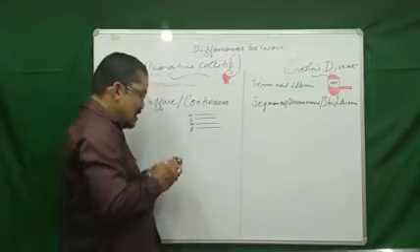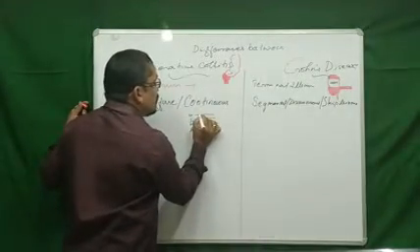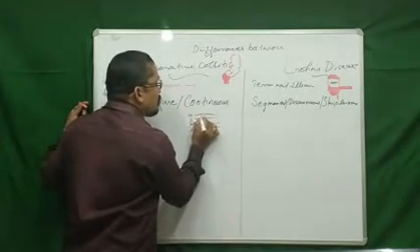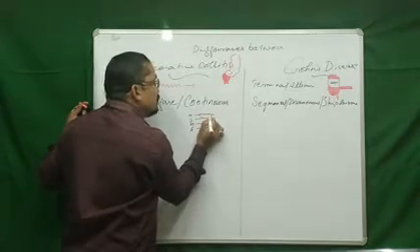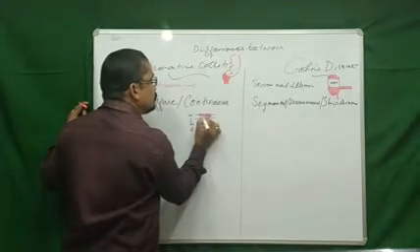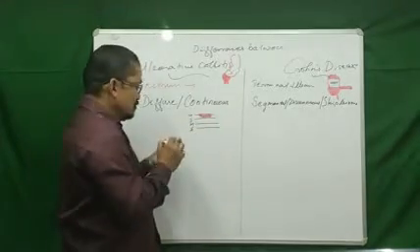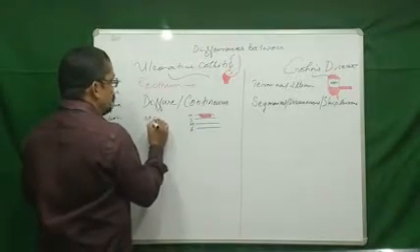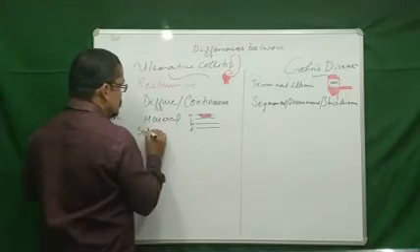So in ulcerative colitis, the inflammation or ulceration will usually be limited to the mucosal level, or very rarely it can be up to the submucosal level.